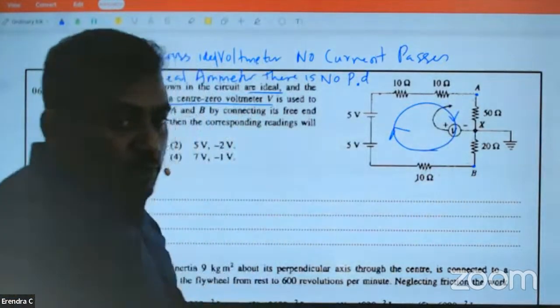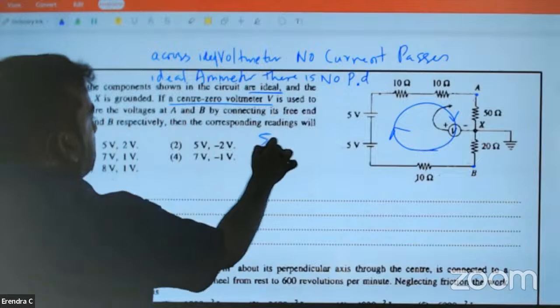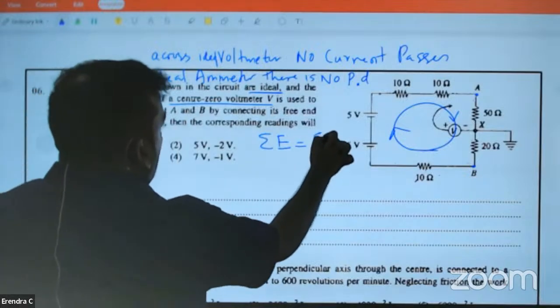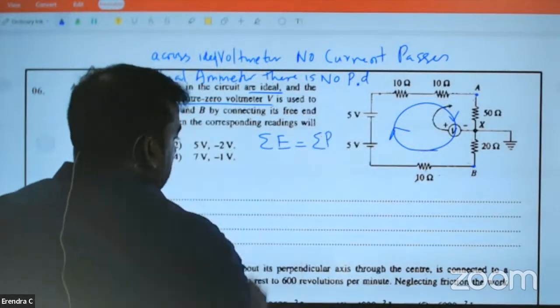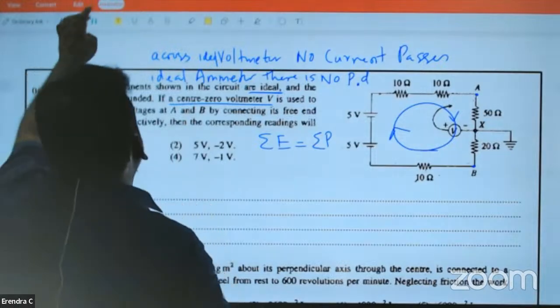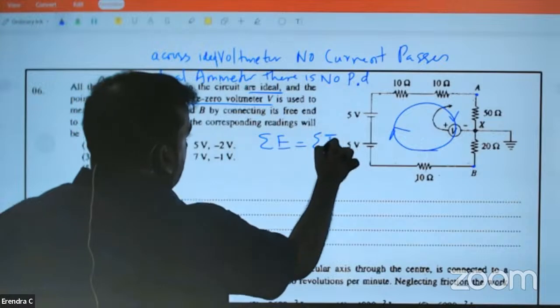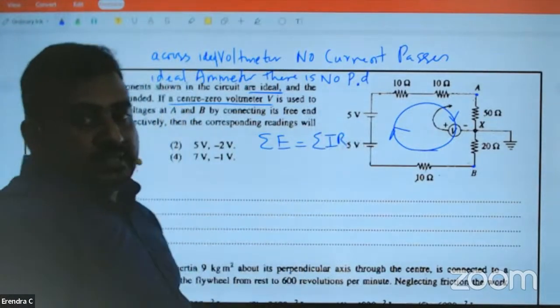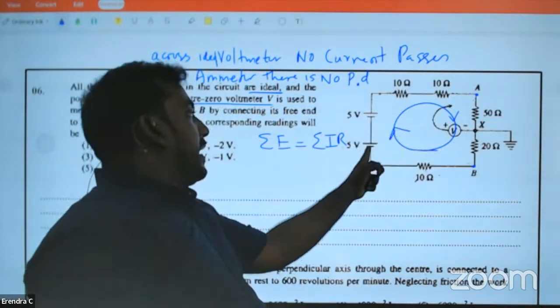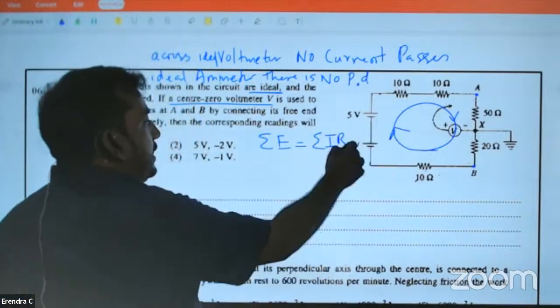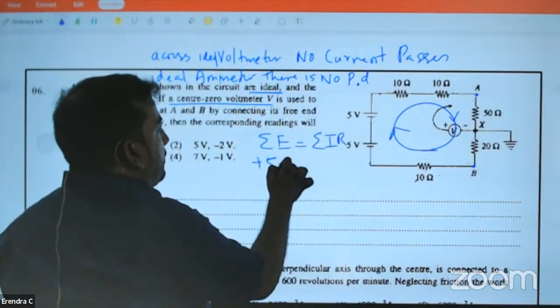If you apply Kirchhoff's law, the sum of EMFs equals the sum of potential differences, which you can also say is the sum of IRs. Easy, no? Potential difference means IR. So when the loop travels minus to plus, you can add plus 5.